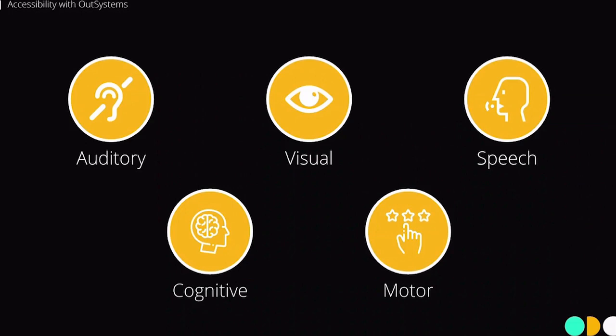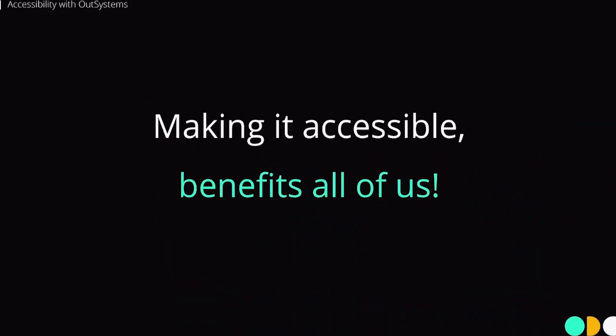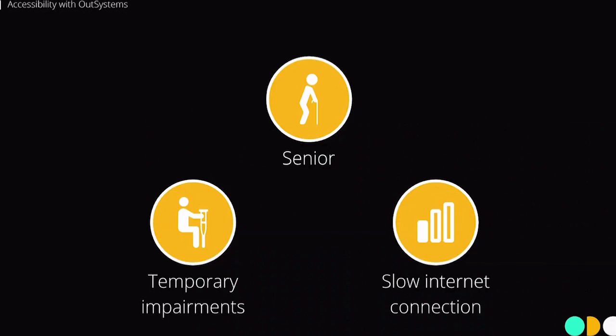But in my opinion, there are other categories, because all of us can benefit from this, because accessibility benefits all of us. And we are all going to get old, hopefully. And as we get older, our capacities change. My vision decreases, probably my voice.